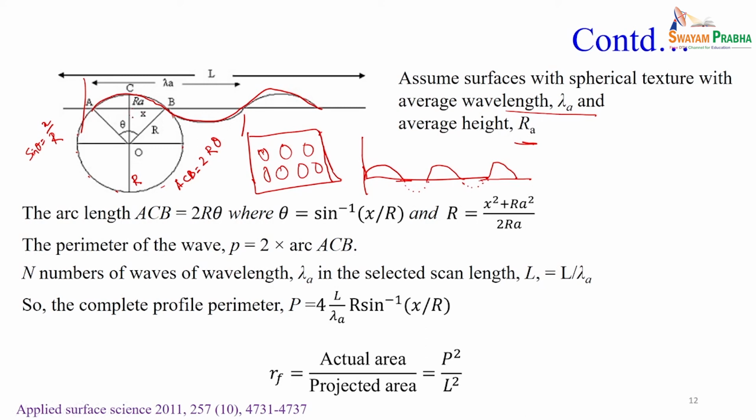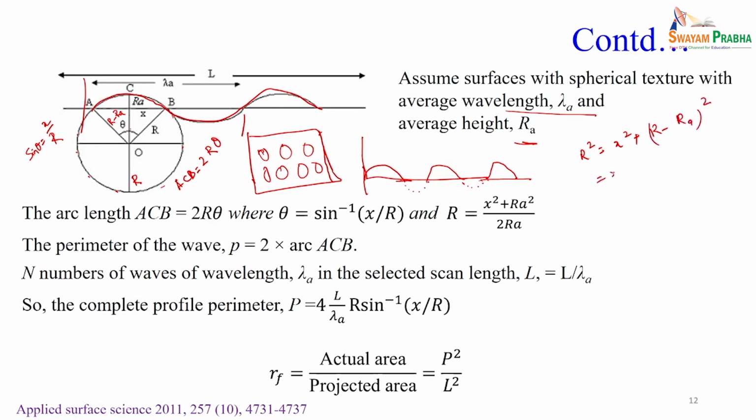So, if you apply this theorem for 90 degrees, it says that r square is equal to x square, and this length is again r minus r A. So, it says r square is equal to x square plus r minus r A whole square.